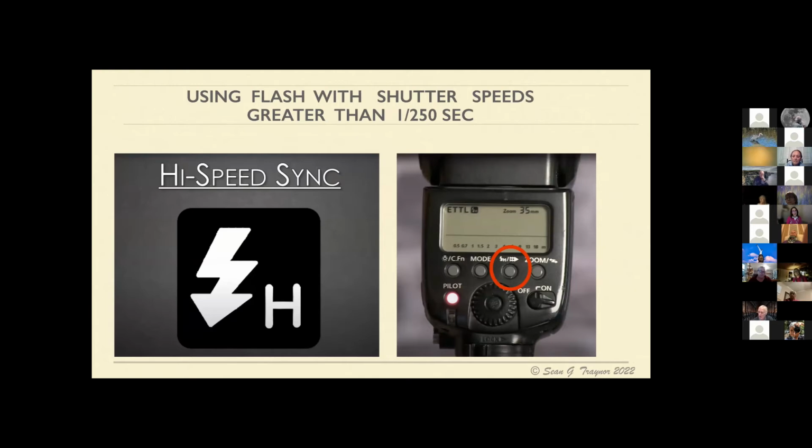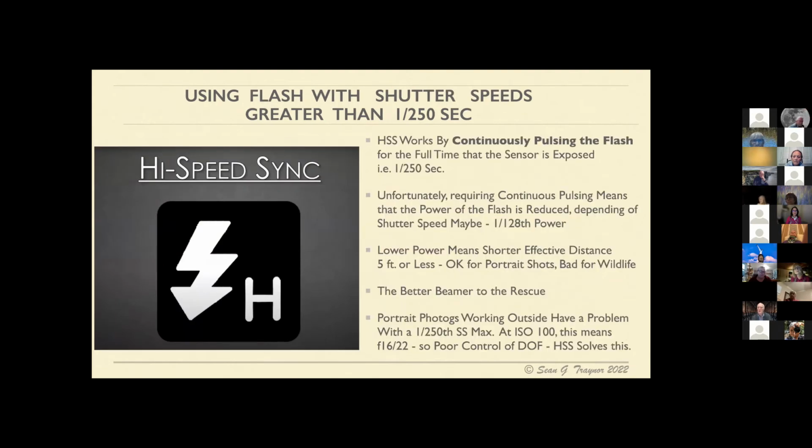It's done, but we have to turn on something called high-speed sync. And in most flash units, there's a button on the back for that. High-speed sync works by continuously pulsing the flash for the full time that the sensor is exposed, and that's about 1/250th of a second.